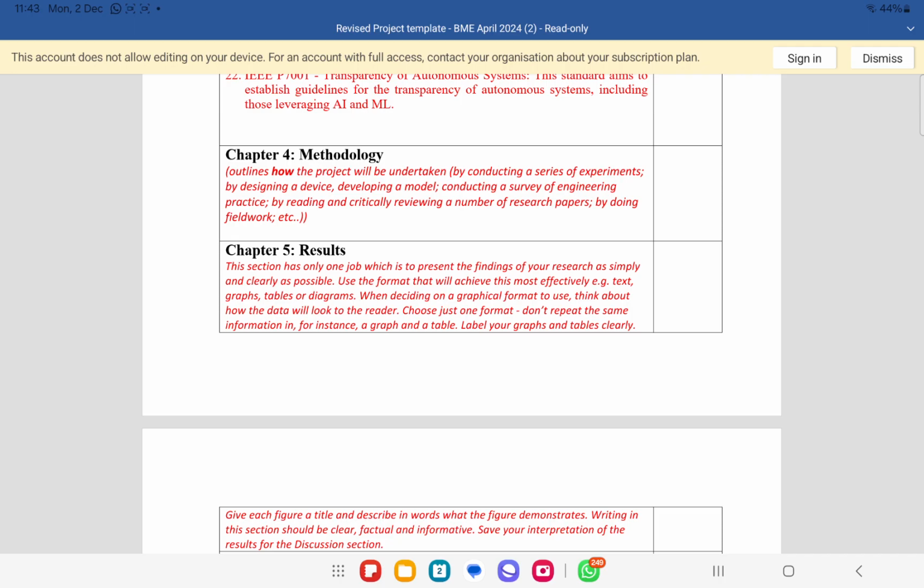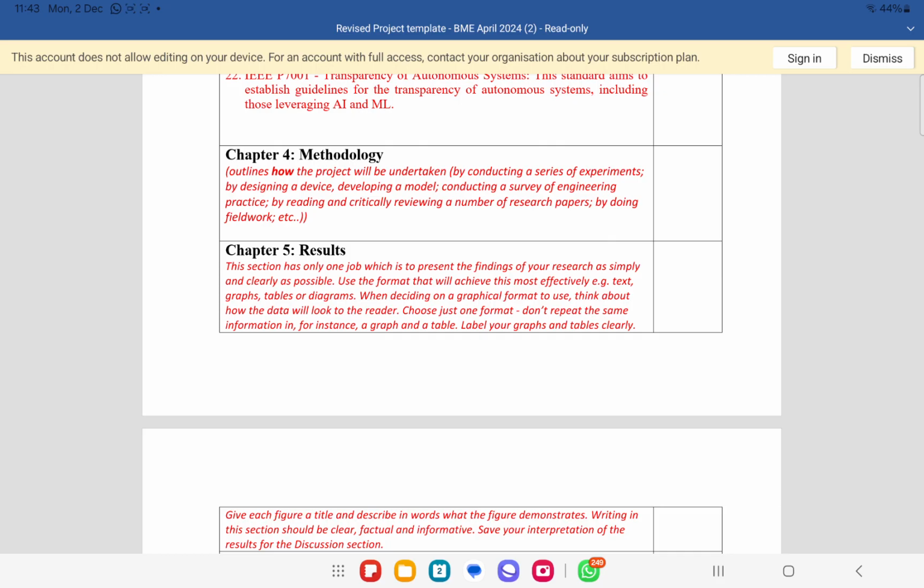I hope the idea is clear. Again, with this methodology, you will not get a complete, detailed idea at this stage. As you go into the next semester and the project gets into better shape, definitely the methodology has to change.